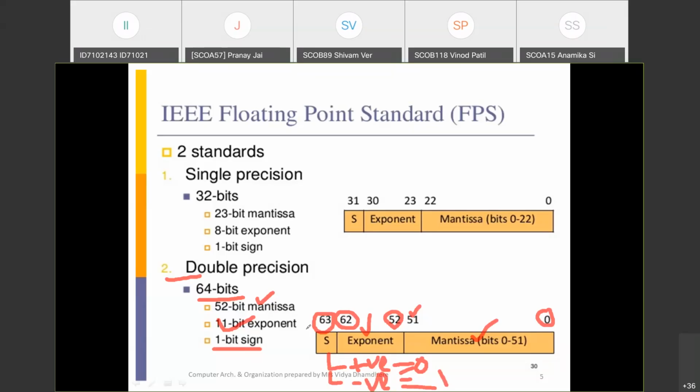That is how we identify whether the given number is positive or negative.